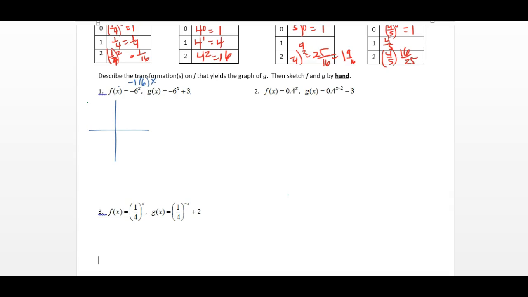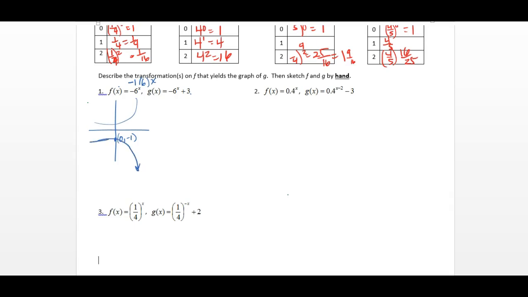If you put a 0 in for x, you're going to get 6 to the 0 power, which is 1 times -1. So really, our parent point becomes (0, -1), and because of that negative, it's reflecting over the x-axis. What normally would be going up, like this, gets reflected down.